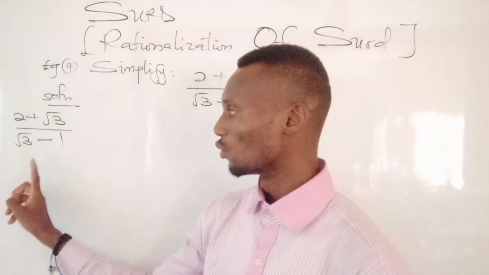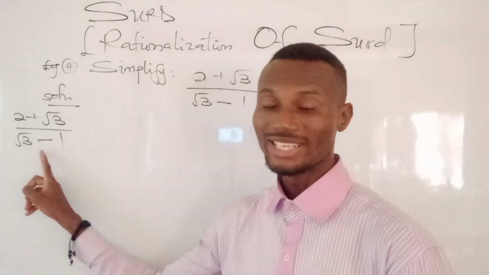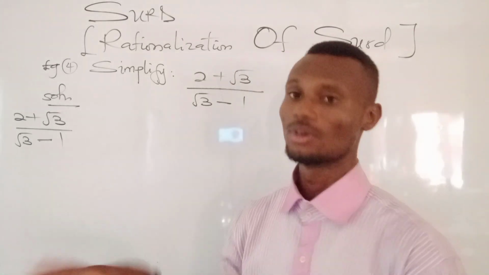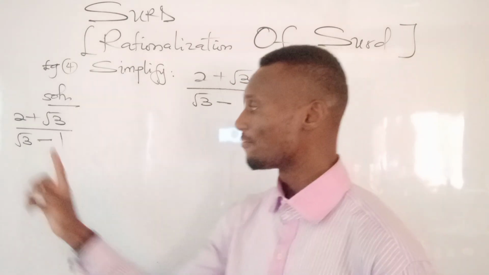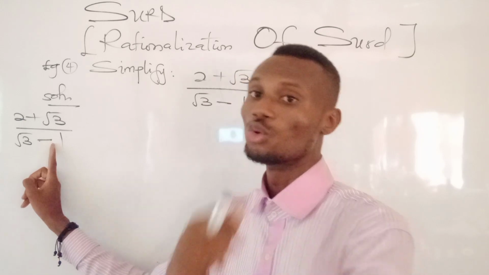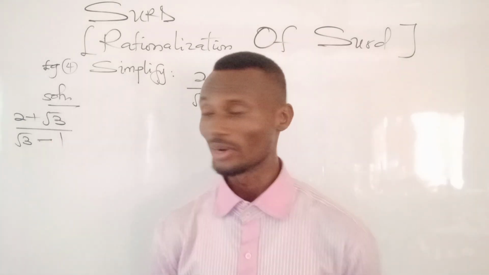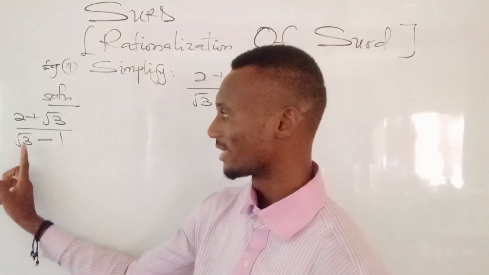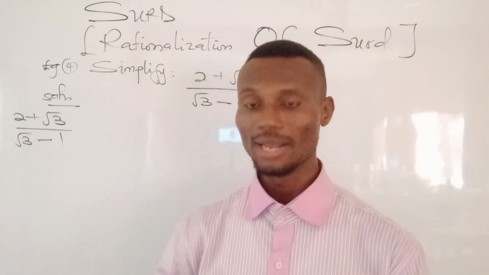So to get the conjugate of this is going to be root 3 plus 1. We change the negative to positive. So that is how to get the conjugate. If here was to be positive, we would have changed it to negative. I hope you agree with me up to this point. So now the conjugate of this root 3 minus 1 is going to be root 3 plus 1.